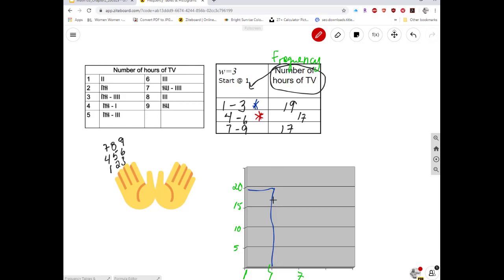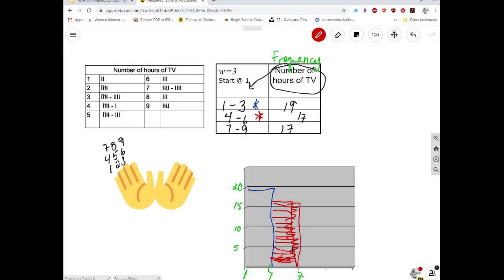It's going to be right about here. And everybody from 4 all the way up to 7 is going to be here. Let me make that a little bit better. This is really hideous. Okay, I'm trying my best.